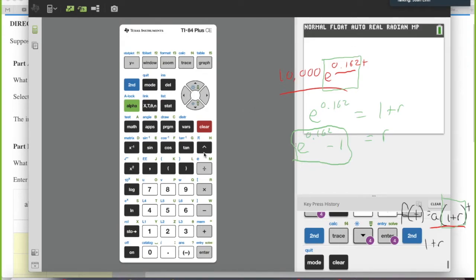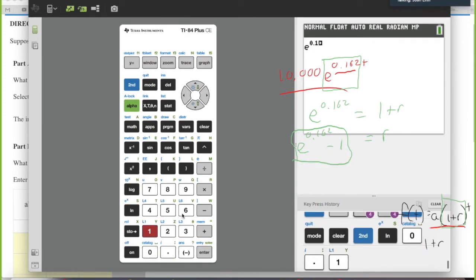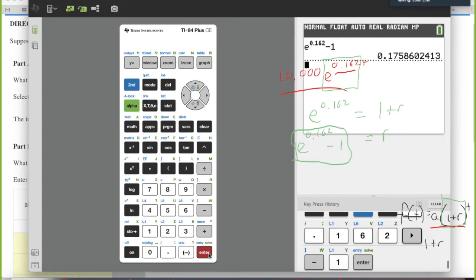Notice how on the calculator, our e, as I mentioned earlier, as soon as you push it, it takes you straight into the exponent. That's pretty typical of calculators because usually e is used in conjunction with an exponent. And then I want to get out of the exponent. Minus 1 equals 0.1758.